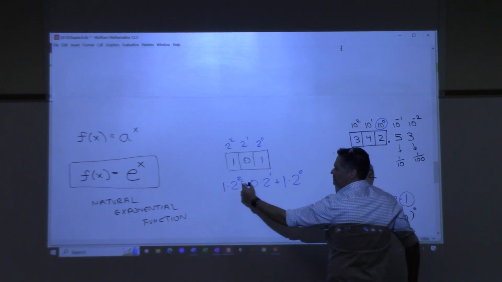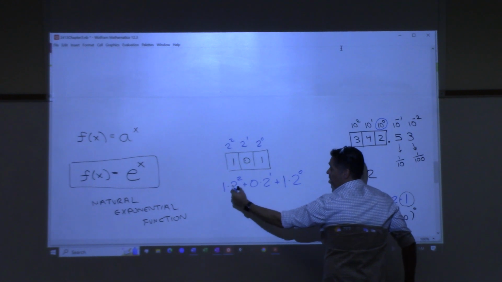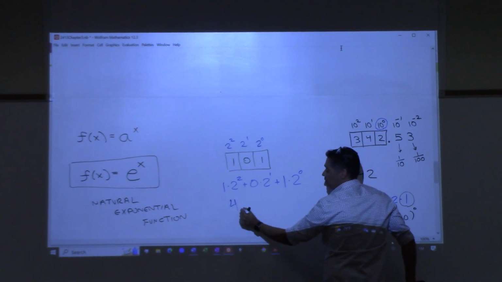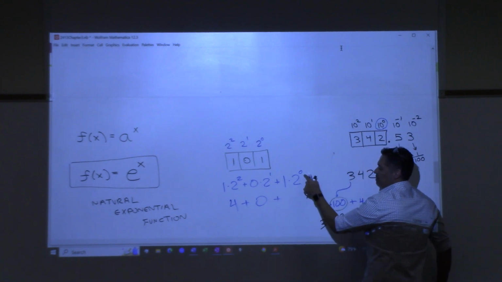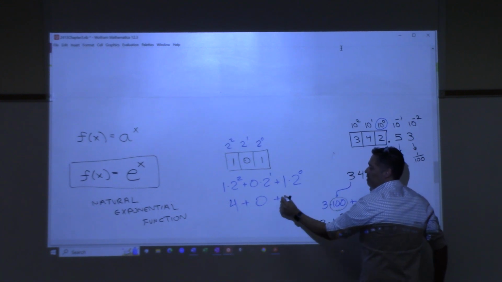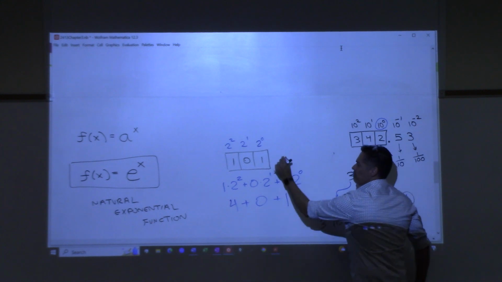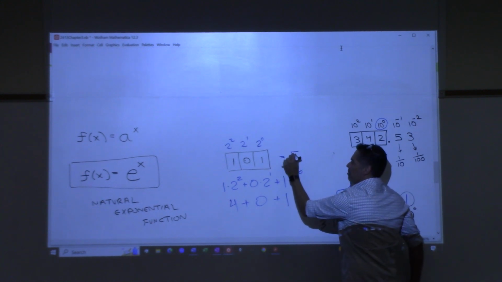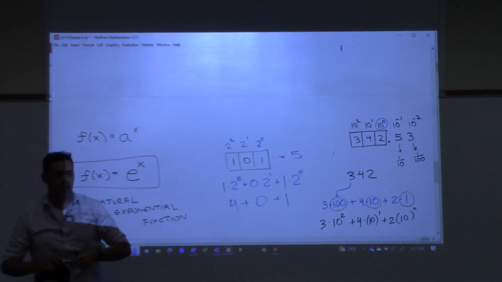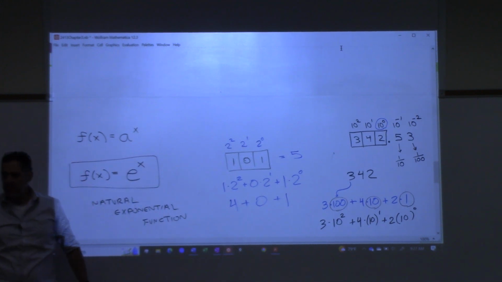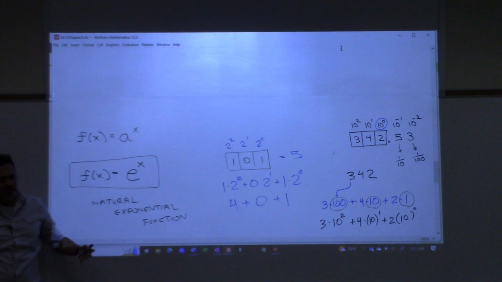What's 2 squared? 4 times 1 is 4, plus 0, plus 2 to the 0 is 1, 1 times 1 is 1. So what is that number for real? 5. The number 101 in binary is actually the number 5.